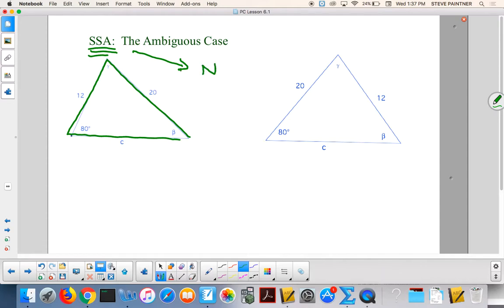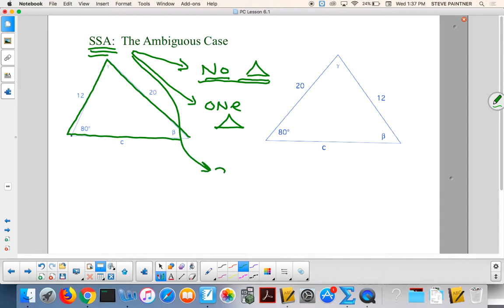One of the possibilities you're going to get is this. There is no answer. There is no triangle that exists. Or you might get this one. There's one triangle that exists. Or you might even get this one. There's two triangles that exist.